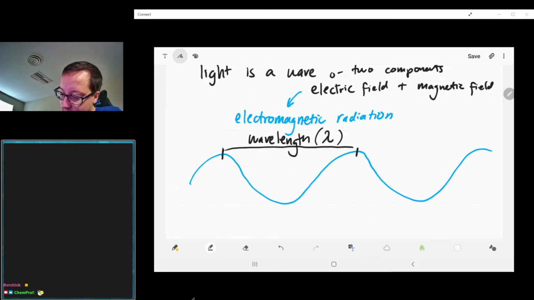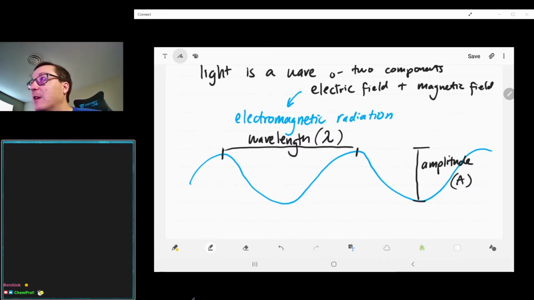We also have the amplitude, which technically has some sort of energy unit associated with it, but sometimes we just omit the units.